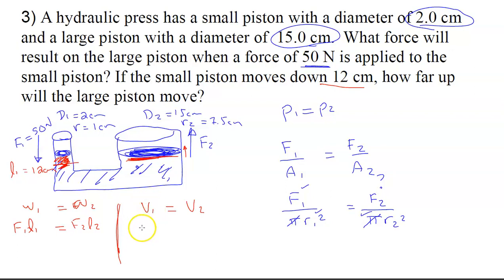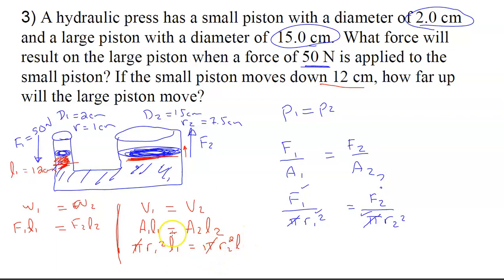Volume, of course, is the area. The area of both of these is a circle times the height. So I could write A1L1 equals A2L2. It being a circle, the area is pi r1 squared. And over here I'd have pi r2 squared. So I can cancel the pi's. Lost the squared right there. Don't lose the squareds.